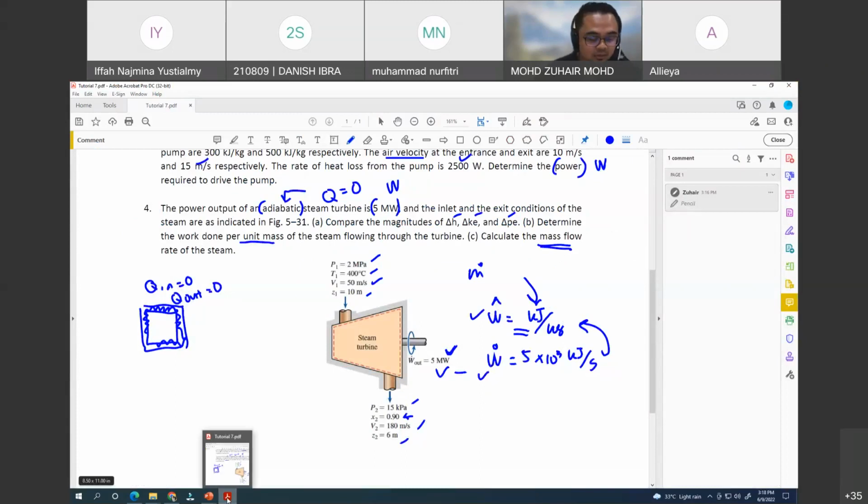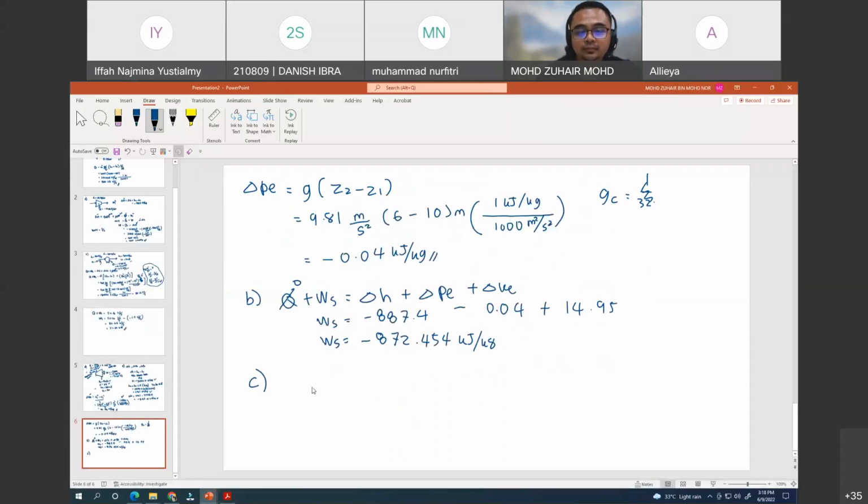Okay, so ini sepatutnya dengan ni WS is equals to, nah macam ni.